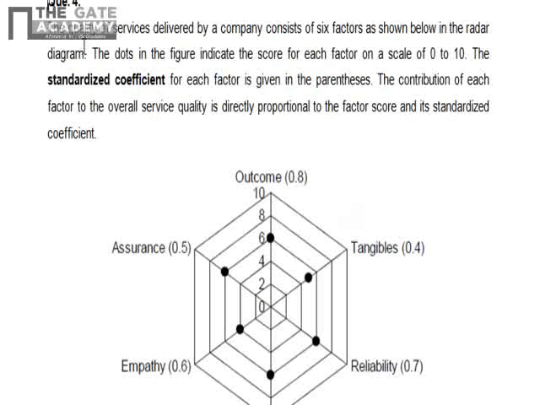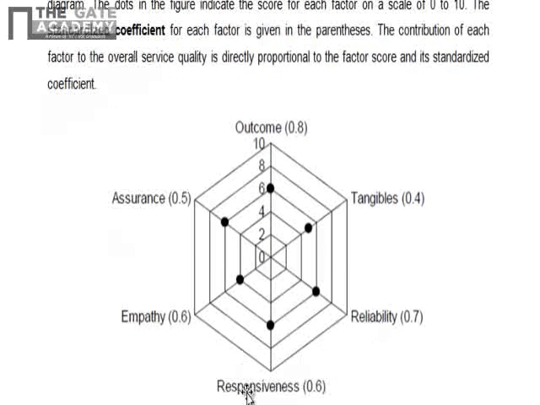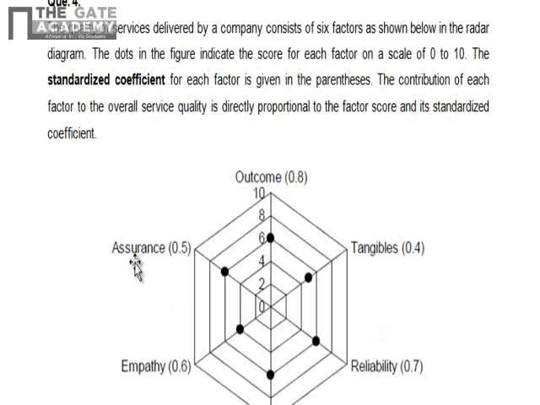The quality of service delivered by a company consists of 6 factors, that is outcome, tangible, reliability, responsiveness, empathy, and assurance. This is a radar diagram. Okay, the dots in the picture indicate the score for each factor on the scale, that is 0 to 10. You can see the scale: 0, then 2, then 4, 6, 8, 10.